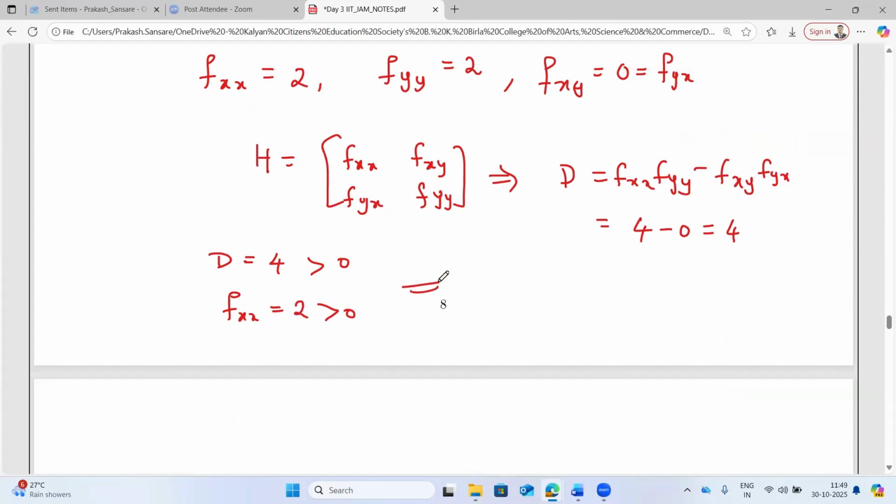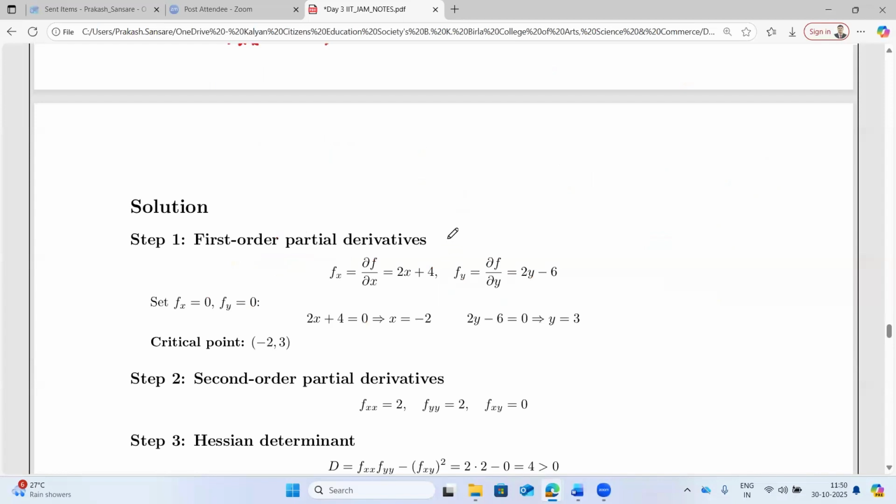So this would imply (-2, 3) is a local maxima, because D is greater than 0 and fxx is greater than 0, then this point is called a local maxima point.